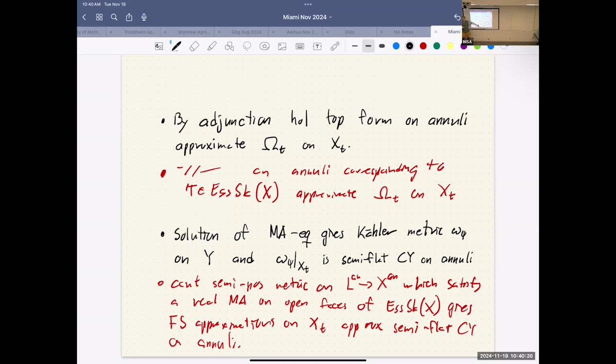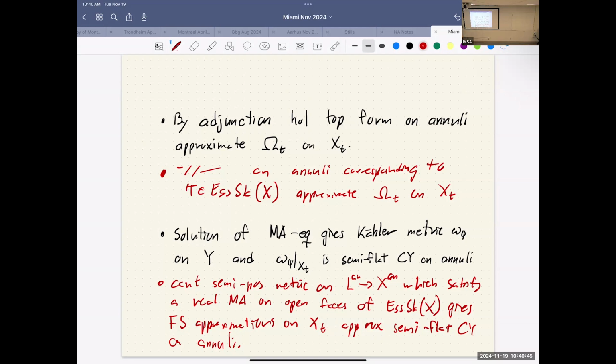So here I'm talking about the real Monge-Ampère equation. If you talk about the real one, then nothing is known about uniqueness, but uniqueness is known for the non-Archimedean Monge-Ampère equation. And that's one of the complications here.